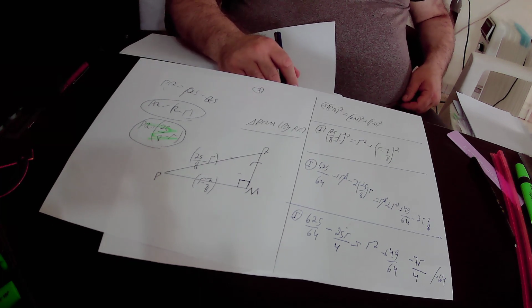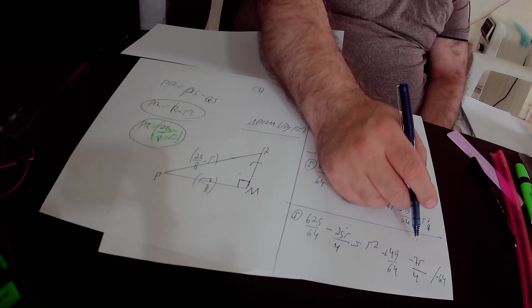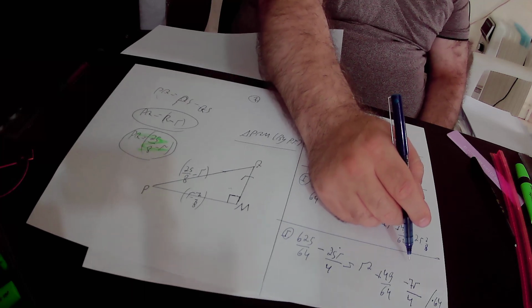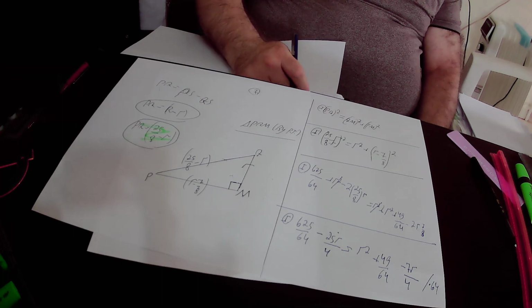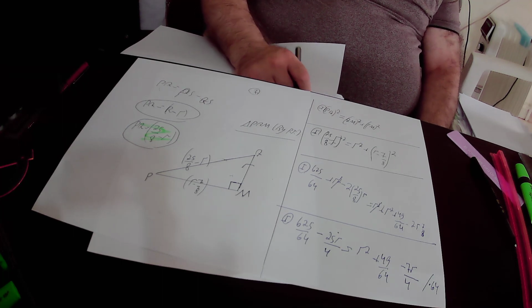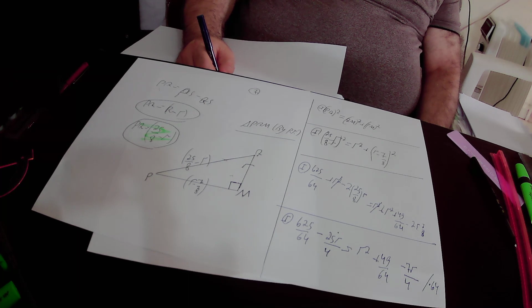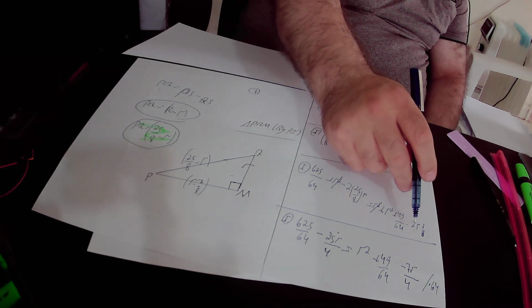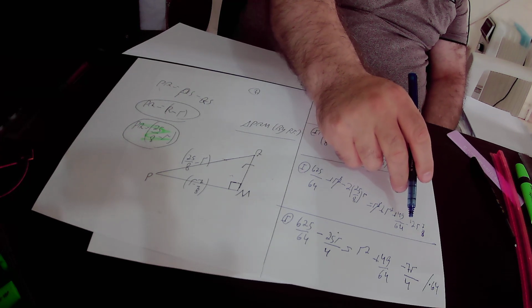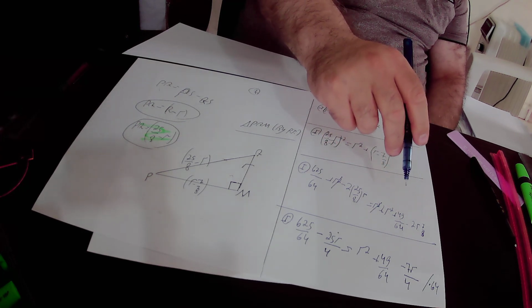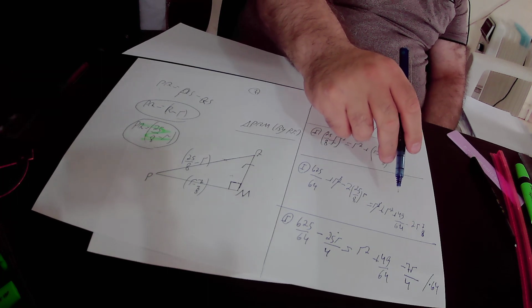Here we have to multiply minus 7r over 4 by 64. So it is actually minus 64 over 4, which is minus 16, times 7r. So in conclusion, this expression minus 7r over 4, after we multiply it by 64, equals minus 16 times 7r.